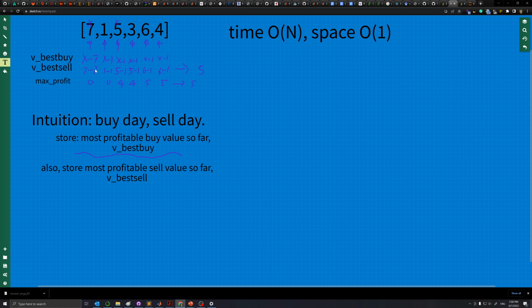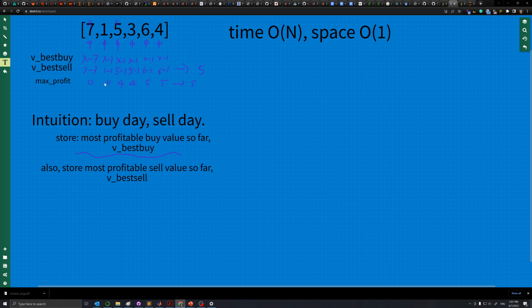What do we do with the best sell value here? If someday I just found an even lower, lowest price in history, do I update my max profit? No, max profit is whatever is recorded at the highest.